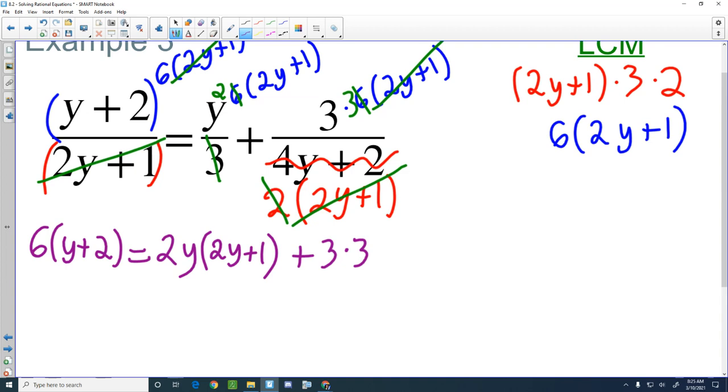See if you can follow those steps to get to that line in purple.